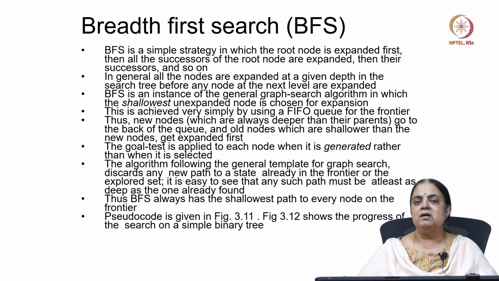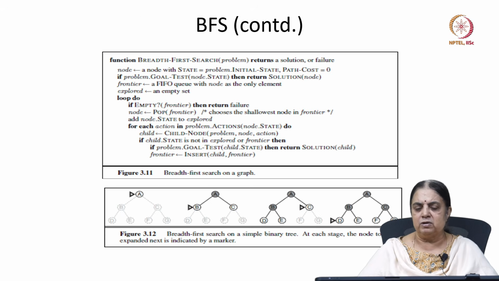In other words, B is next chosen for expansion, then C, and then you go to the next level. So the shallowest node is always chosen for expansion.